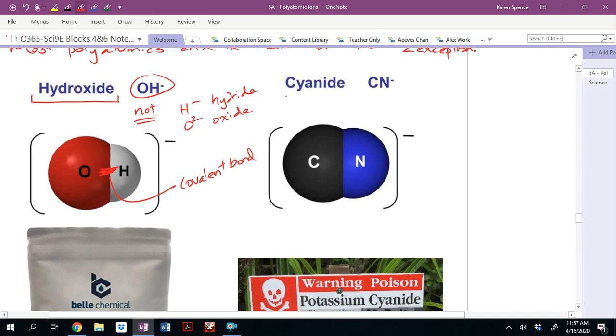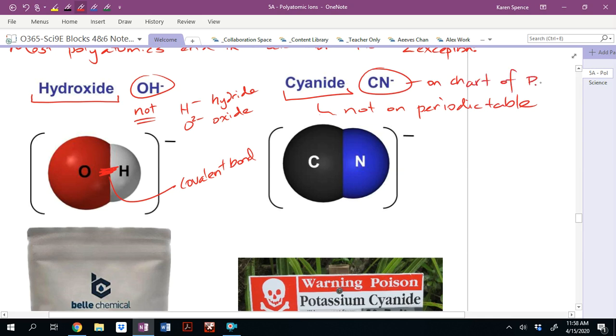You will not find it on the periodic table, because it is a polyatomic ion, and so you'll find it on the chart of polyatomic ions.